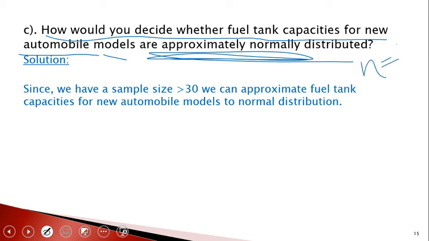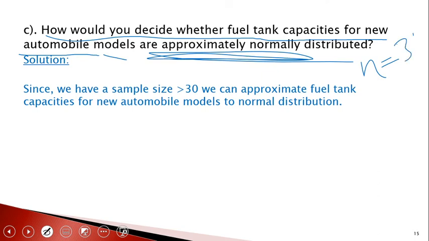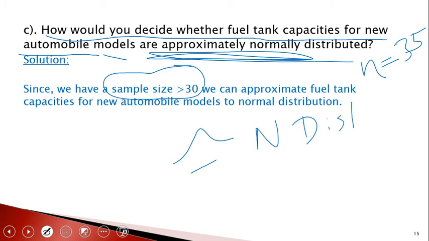I don't remember the value. n is 35. So the sample size is greater than 30. You know what the answer is, right? If it is greater than 30, we can approximate it as normally distributed.